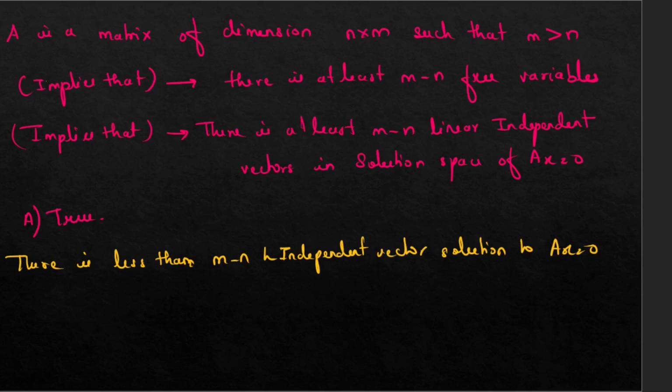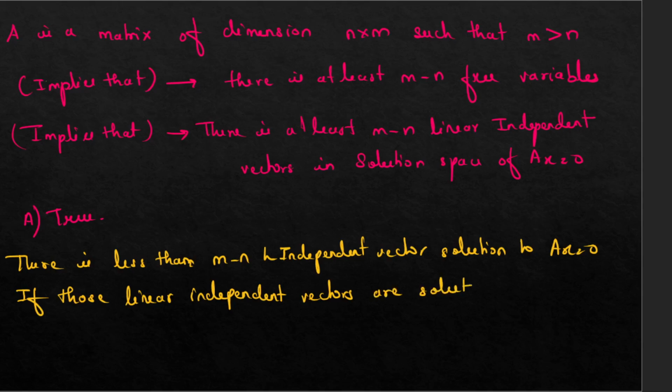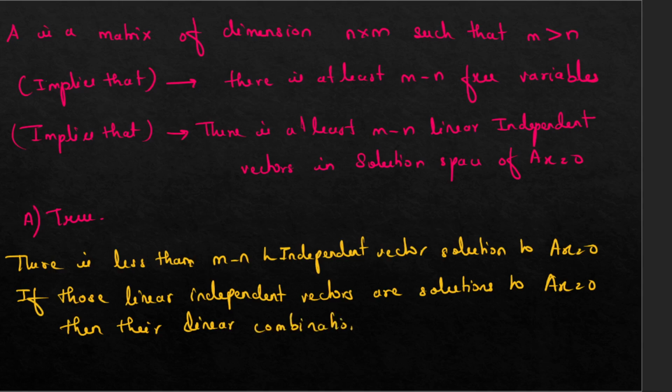So see, if those linearly independent vectors are solutions to Ax equals to 0, then their linear combinations are also solutions to Ax equals to 0.